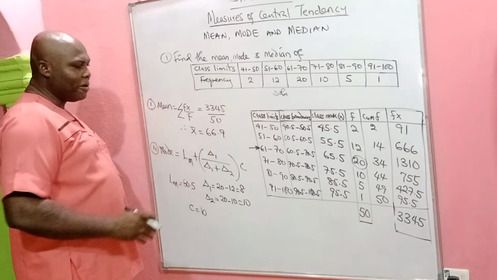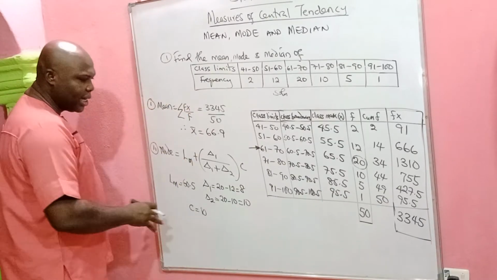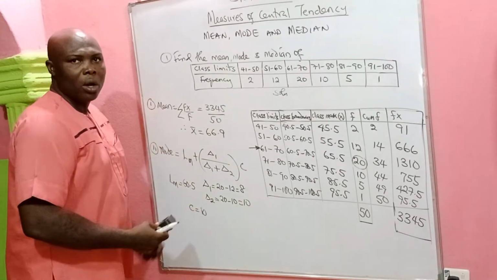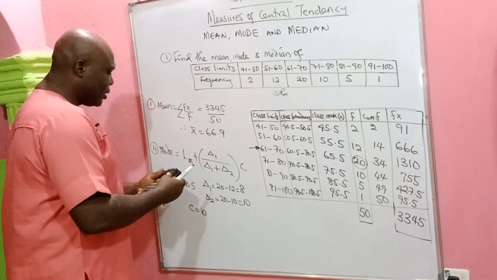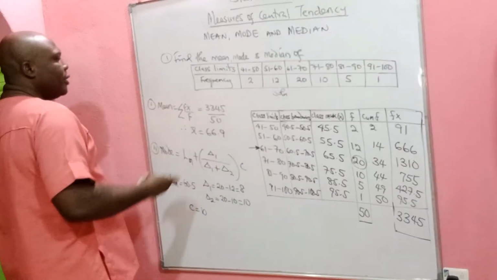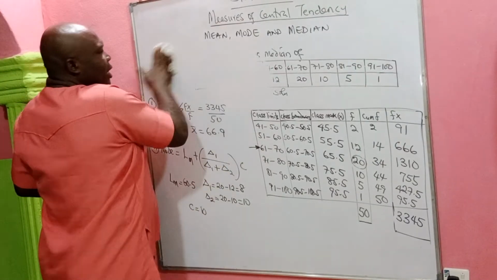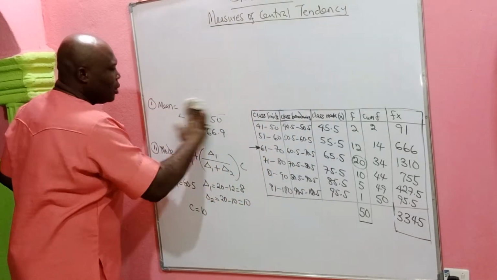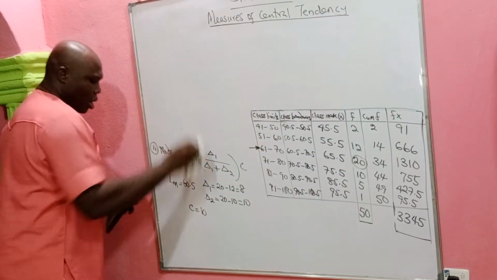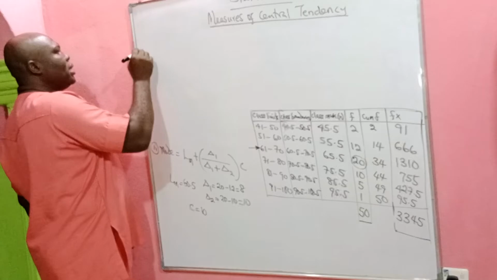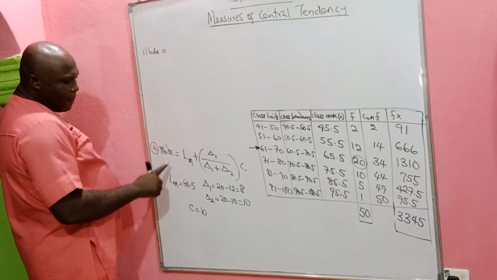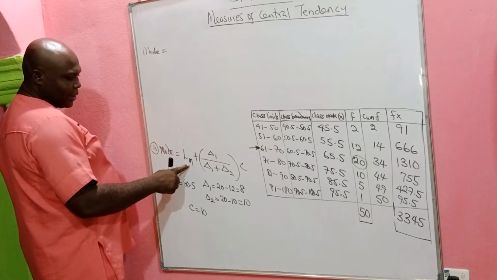With this we can now find the mode, and so I'm going to clean this now to represent these values in the formula. Alright, so please watch me as we take that. This is a very serious matter. Okay, so let me clean this so that I'll have space to work. Alright, so we can now say our mode is equal to, so the lower boundary of the modal class is 60.5.